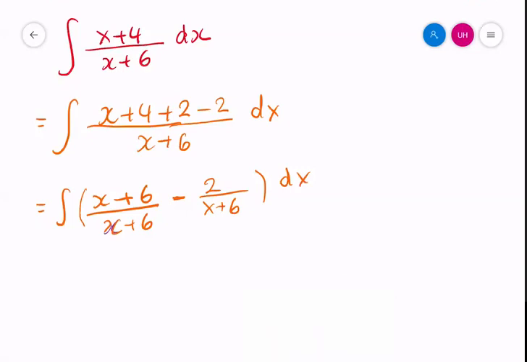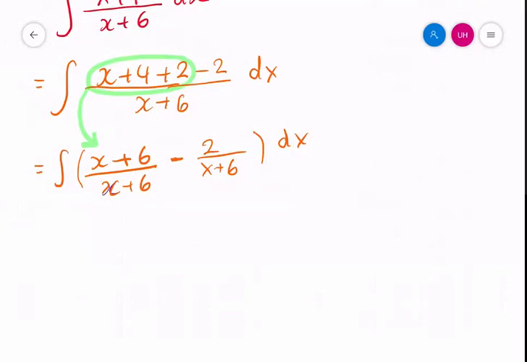If you add 2 and take away 2, it's like you didn't add anything to the equation. So x plus 4 plus 2 becomes x plus 6. What's left from it is minus 2 over x plus 6. So I have now 2 terms, right?